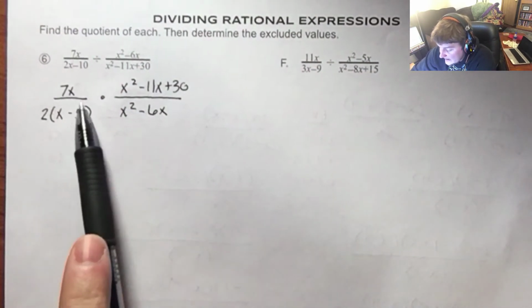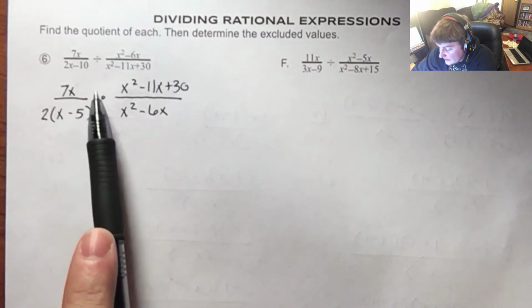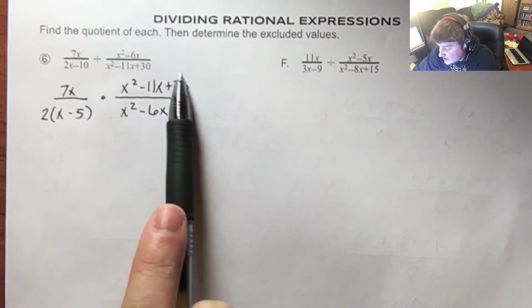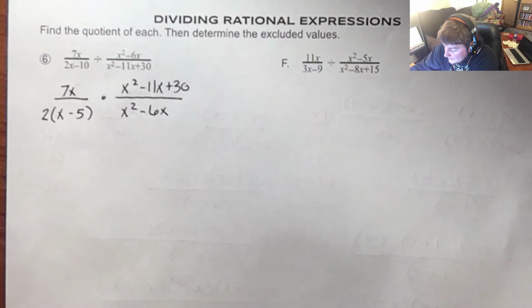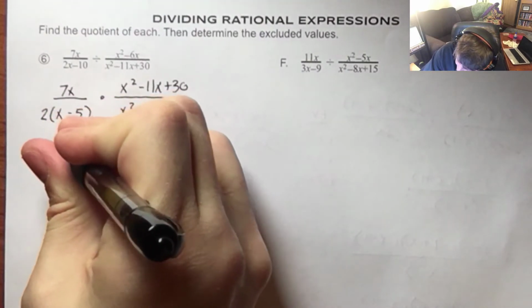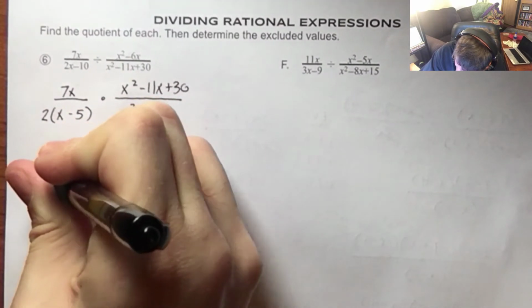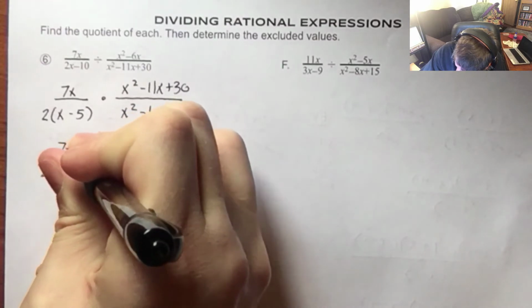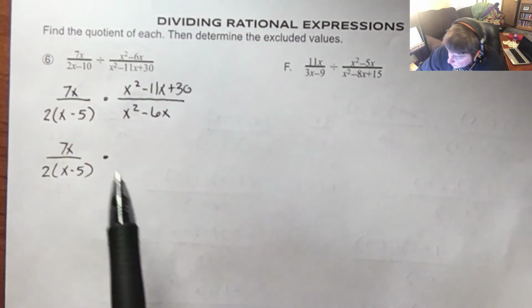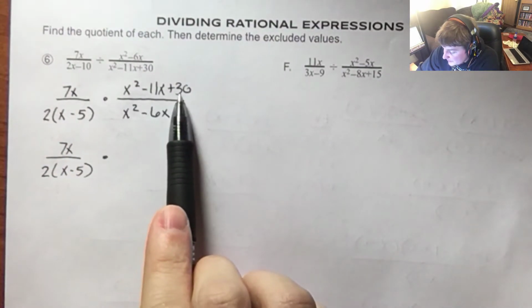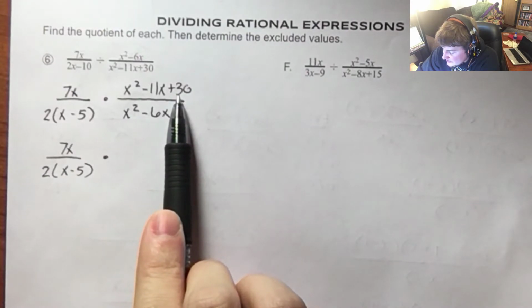Okay, so I kept the first one. I did factor here, and then I changed division to multiplication, and then I flipped this around. So this part's already simplified, so let's just simplify the next part. So x squared minus 11x plus 30, 1, 2, 3 terms.